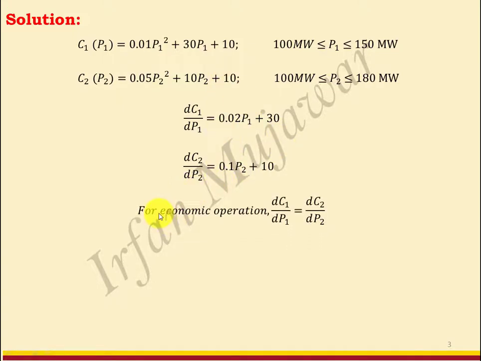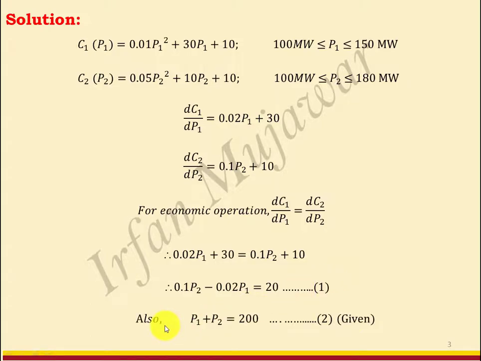Now we know that for economic operation the incremental fuel cost should be the same, so dC1/dP1 equals dC2/dP2. Equating these two, 0.02 P1 plus 30 equals 0.1 P2 plus 10. Rearranging, 0.1 P2 minus 0.02 P1 equals 30 minus 10, that is 20. So that is equation number 1.